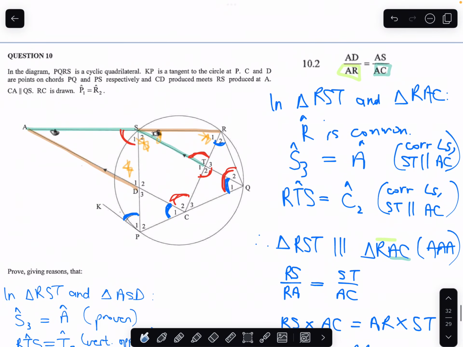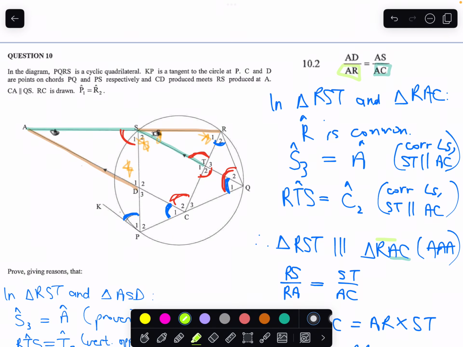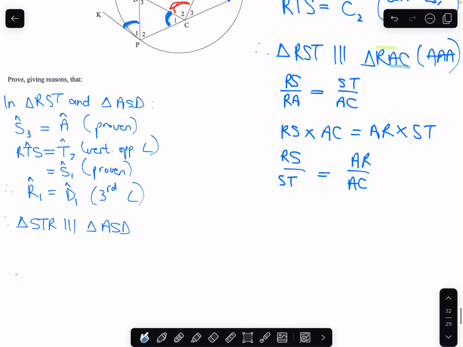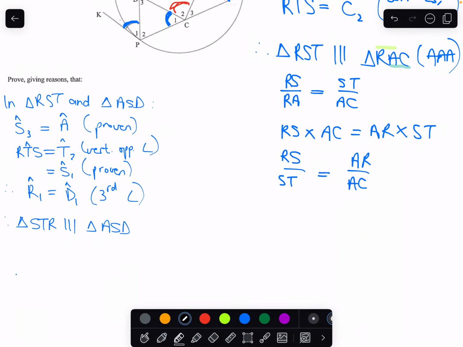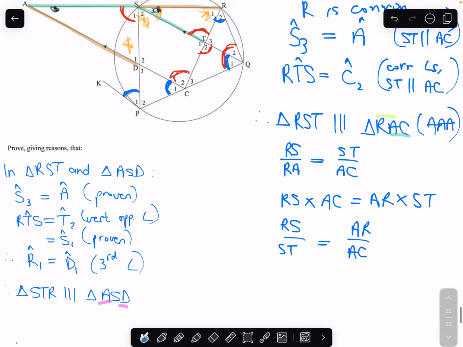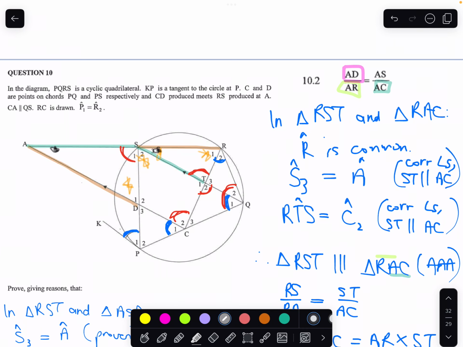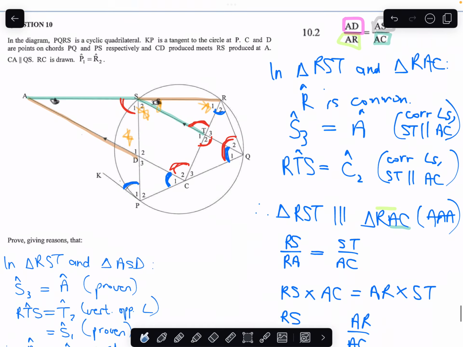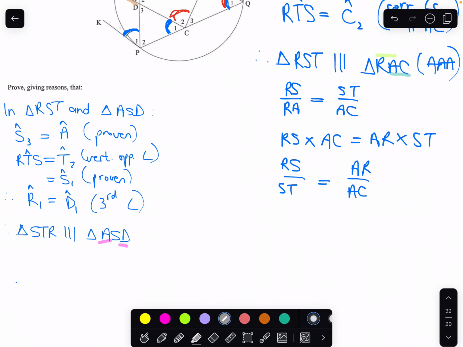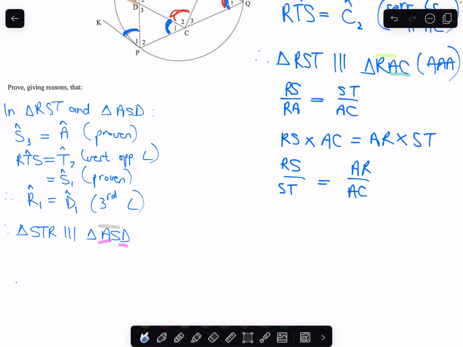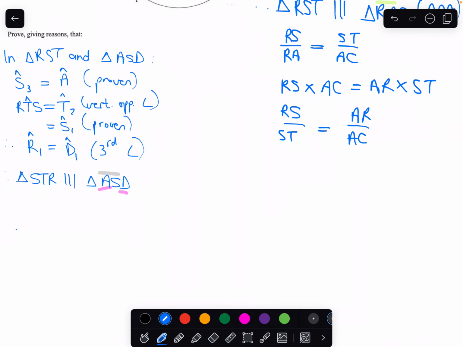Then from the second one, we said we want AD, and then we want AS. Okay, so we're going to take, I didn't give reasons. Angle here.